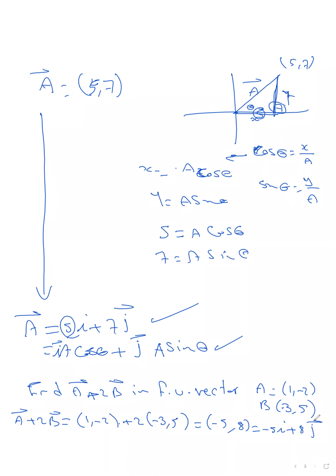Okay, this is a fundamental unit vector. هو السؤال هيبقى يعني مكتوب ازاي لما يطلب مننا اللي هو i cosine theta plus j sine theta.